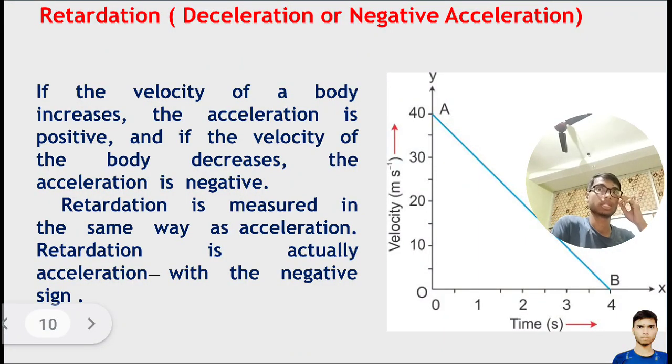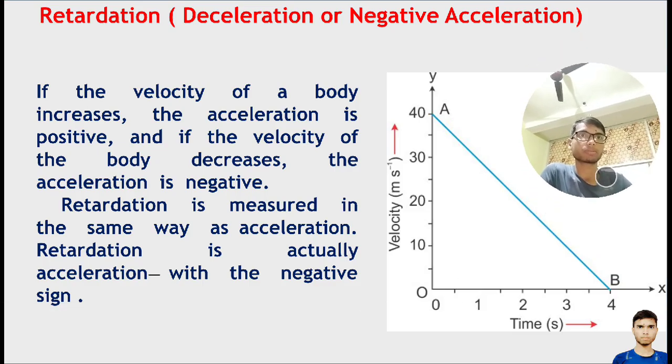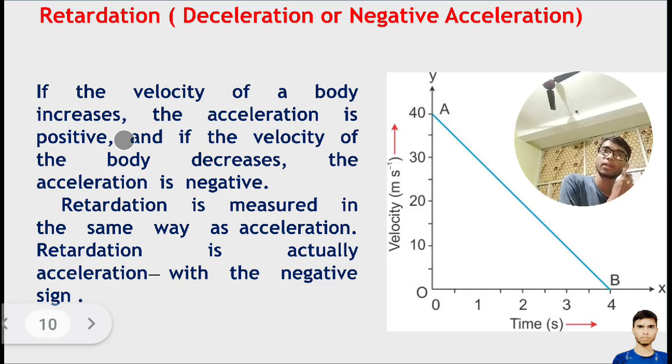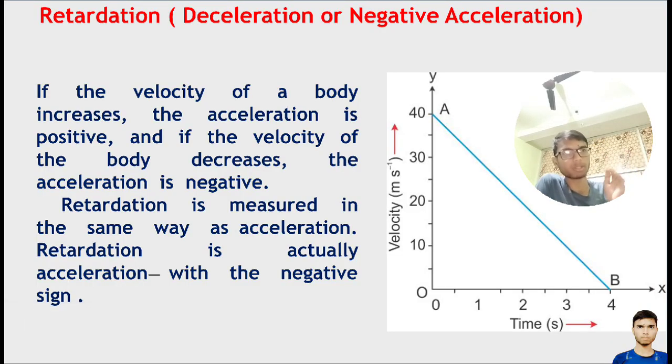Now next is retardation, deceleration or negative acceleration. If the velocity of a body increases, here you can see, if the initial speed of a moving object is less and then it increases gradually, then this will be acceleration.